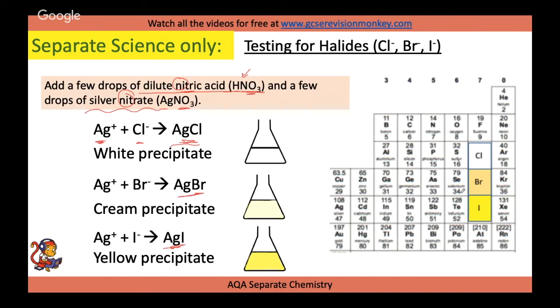You start off with white and then cream and then yellow. It goes darker as you go down the table. So let's say that you ended up with a white precipitate. That would mean you'd have sodium chloride if we'd identified our previous ion as sodium, for example. Or you could have sodium bromide, or you could have sodium iodide.